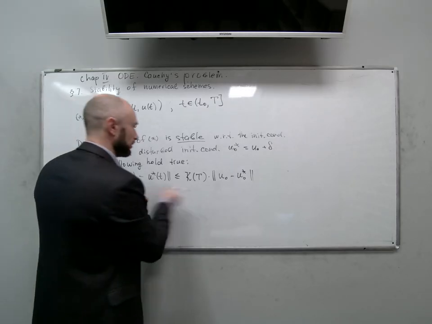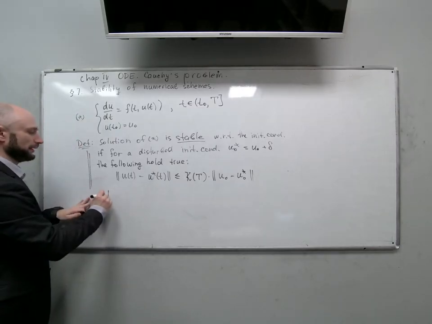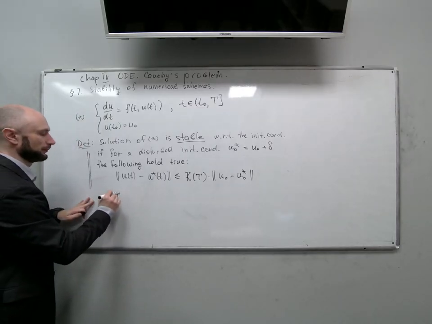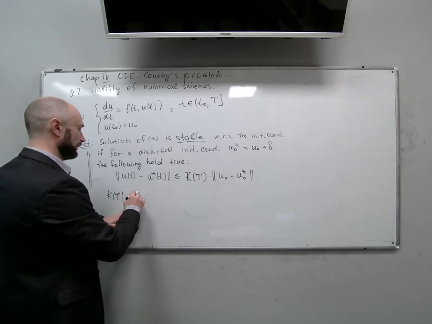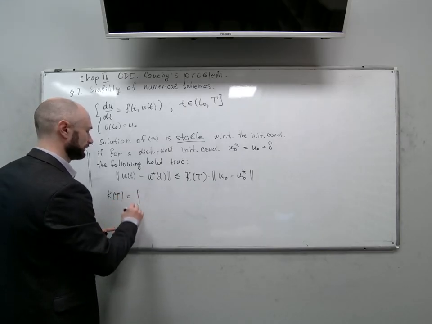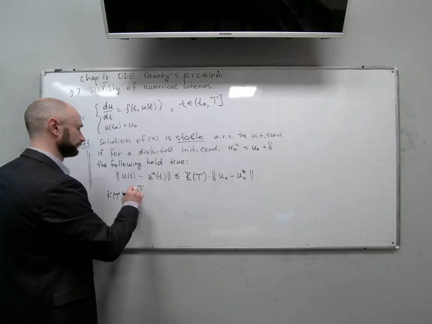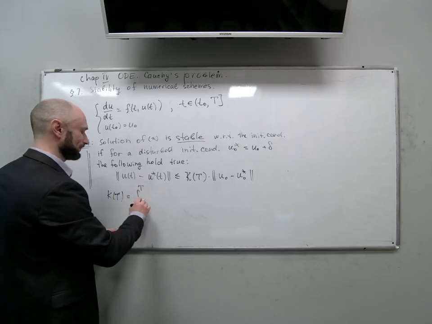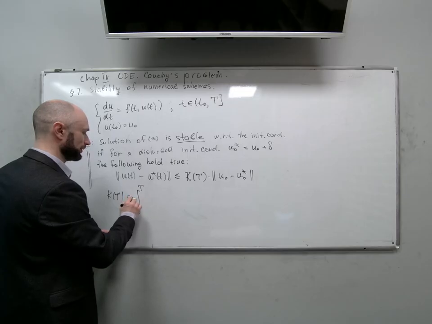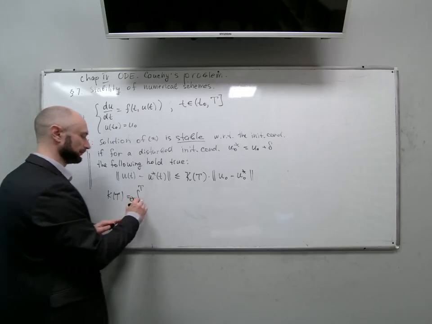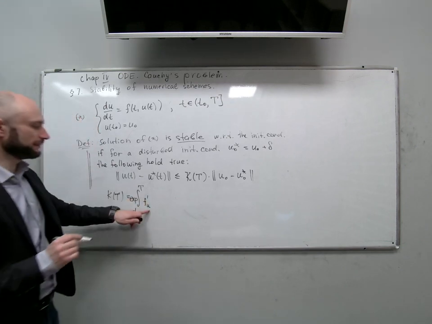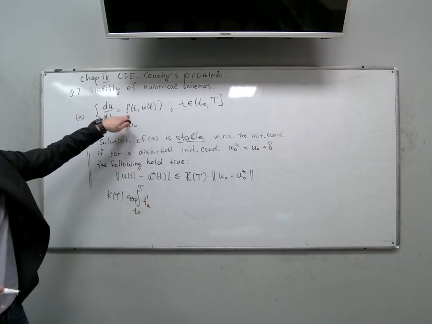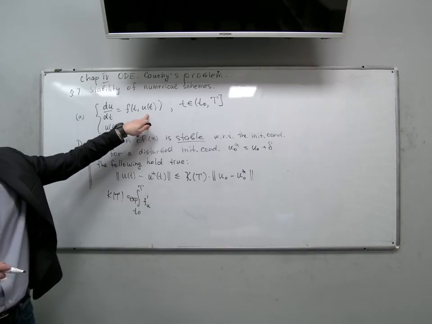And in the theory of differential equations, this constant is defined like this. It should be an exponent of the following integral: the derivative of function f by its second argument.